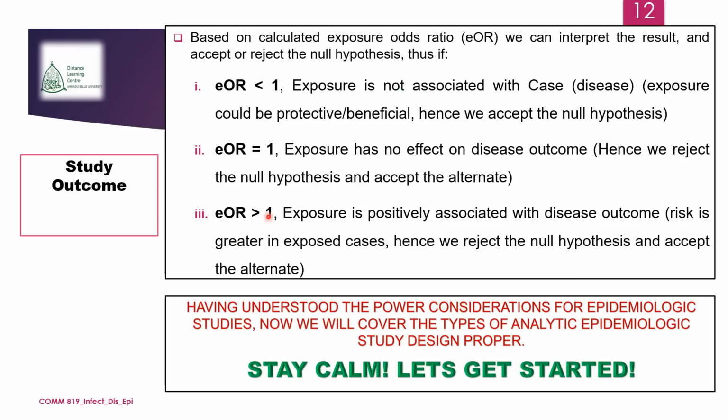But if it's greater than 1, it means it's possibly associated with lung cancer. Then you have to reject the null and accept the alternate.